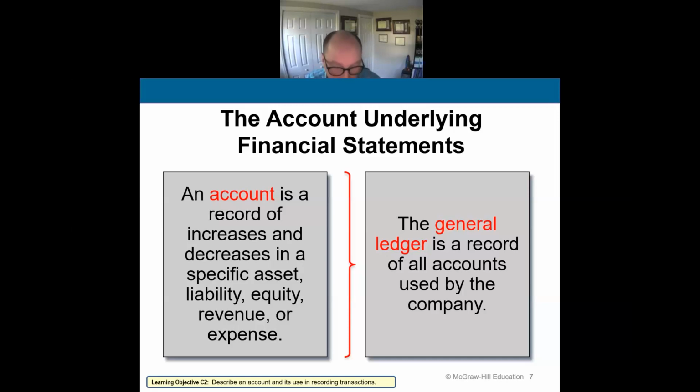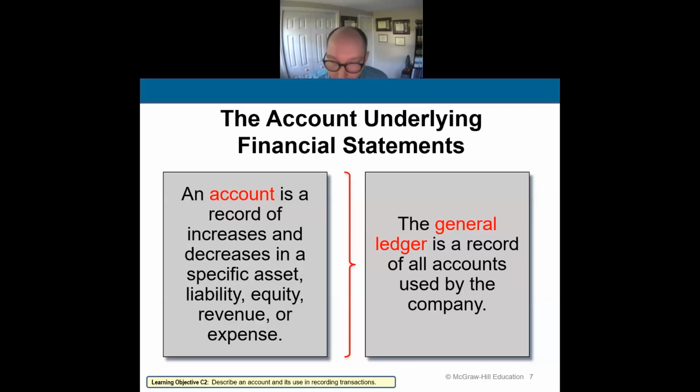There are so many different kinds of expenses. Office supplies expense. Advertising expense. These are all individual accounts and they're all expenses. And revenues and expenses are on your income statement. Assets, liabilities, and equity are on your balance sheet. All of these accounts are individual accounts. That's where they live. That's what an account is.